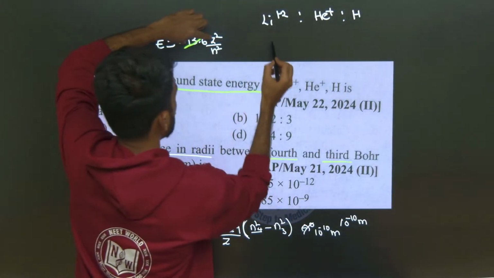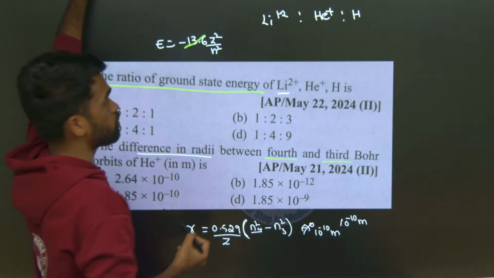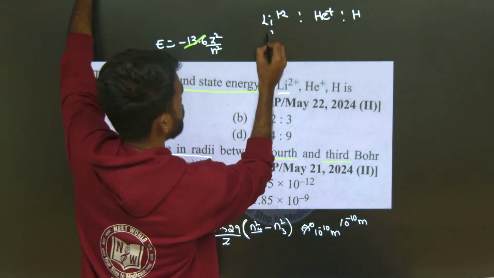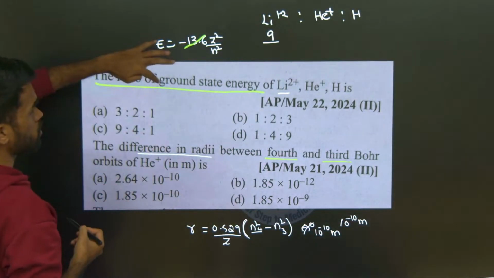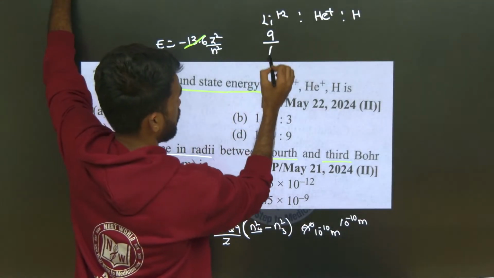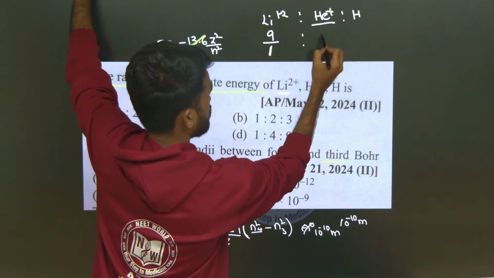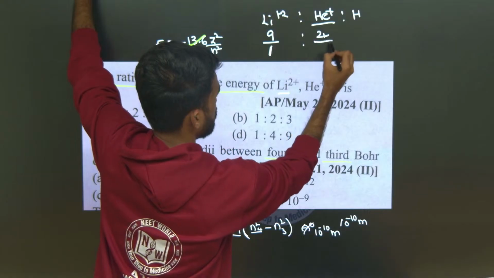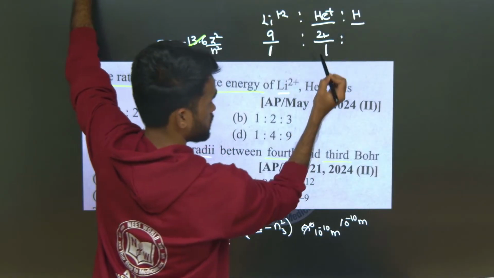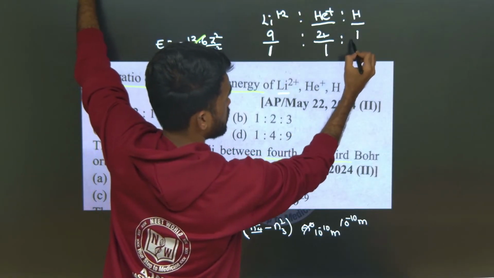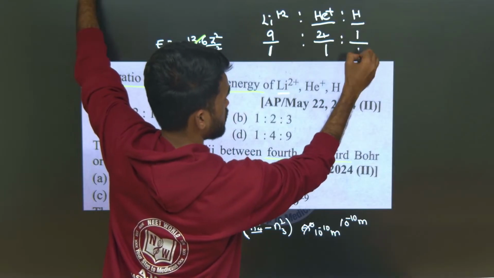Okay, so Z square for lithium is how much? Atomic number is 3, square is 9, by ground state they are saying, hydrogen-like, n value is 1. For helium it will be 2 square, 4, by 1, and for hydrogen it will be atomic number 1, and ground state means n value is also 1.